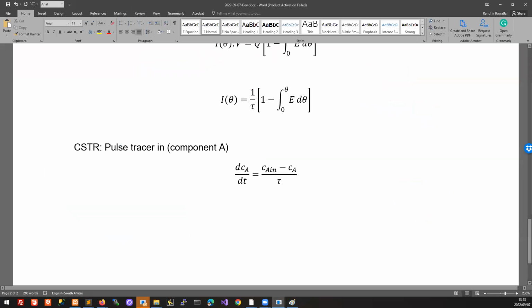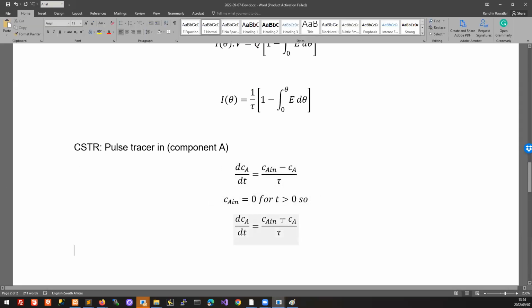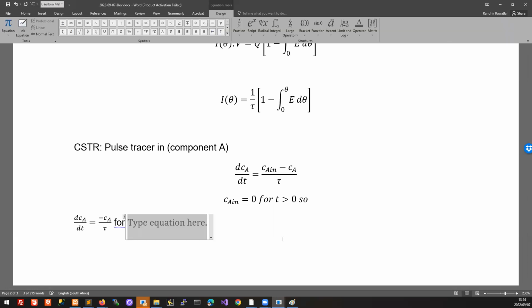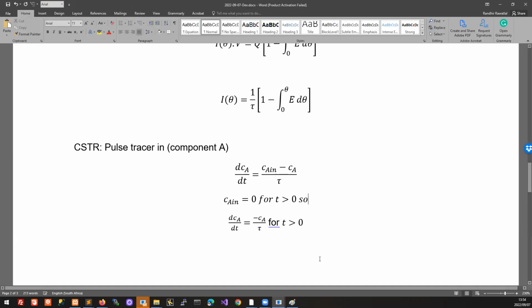So this equation is simply minus CA over tau for T more than 0, right?